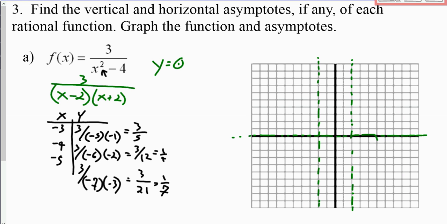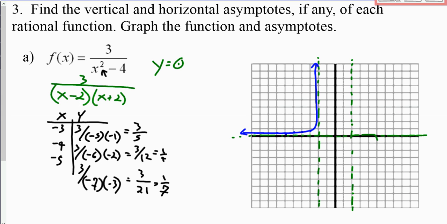So as I graph these, -3 and 3/5. Okay, as I get out, I'm getting smaller, smaller, smaller. Gonna get closer and closer to that asymptote, but never being less than 0. And as I get closer to -2 from the left, it's going to get positive.